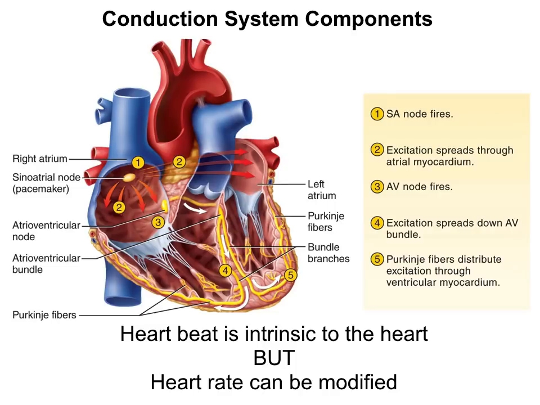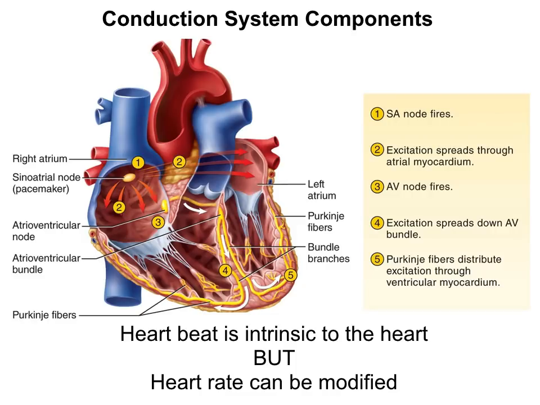This node is located in the interatrial septum. It also does possess a pacemaker potential. However, it will only create about 40 to 50 action potentials per minute. So it usually is overridden by the sinoatrial node.